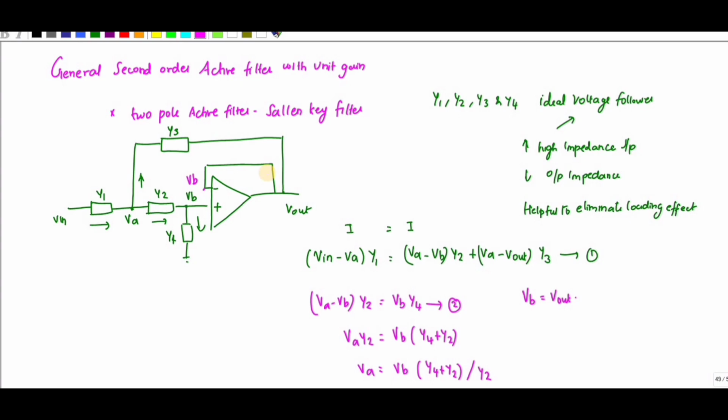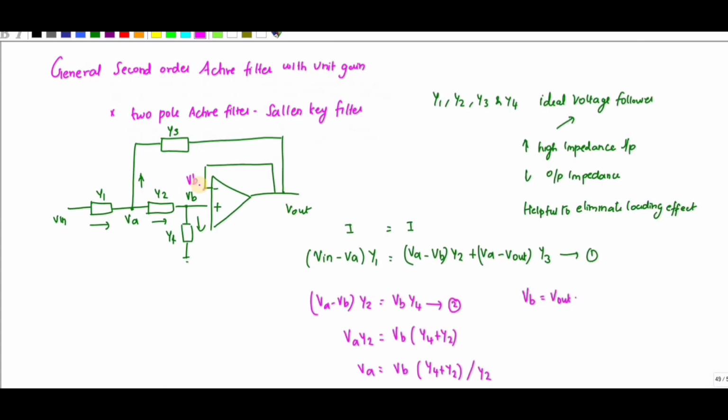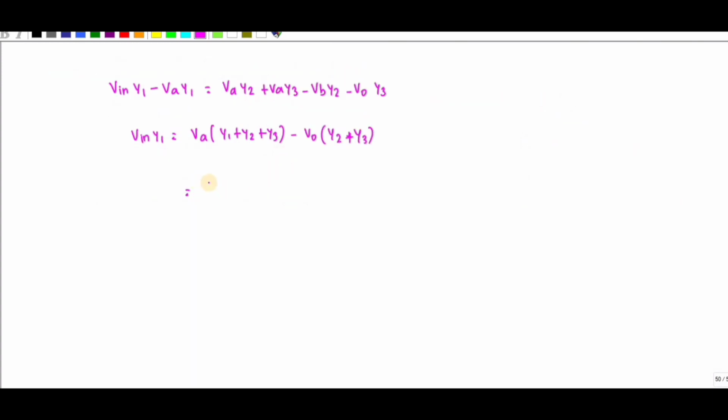VA is equal to V0 (Y2 plus Y4) by Y2, into (Y1 plus Y2 plus Y3), minus V0 (Y2 plus Y3).